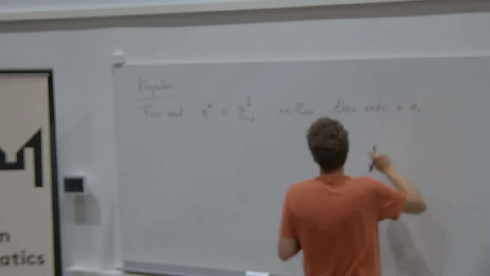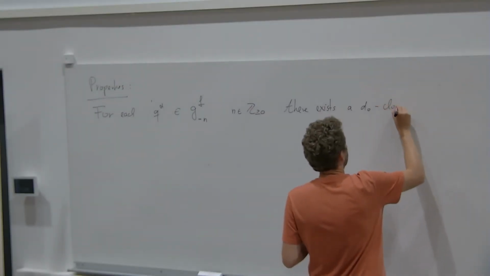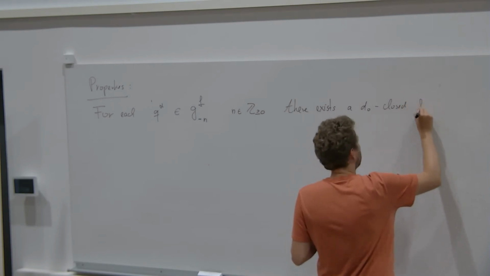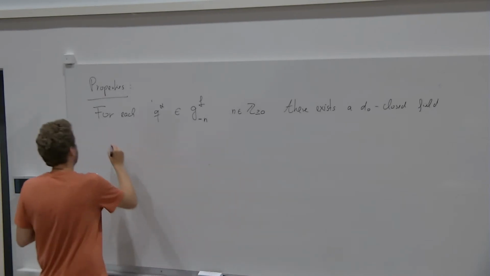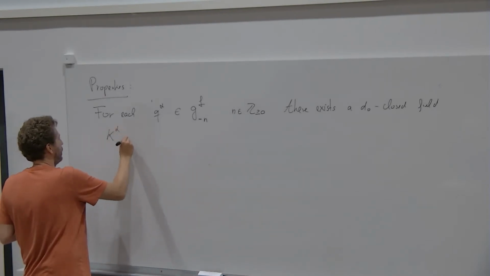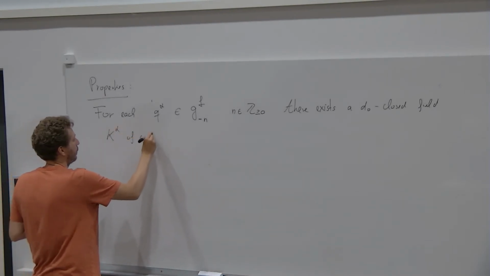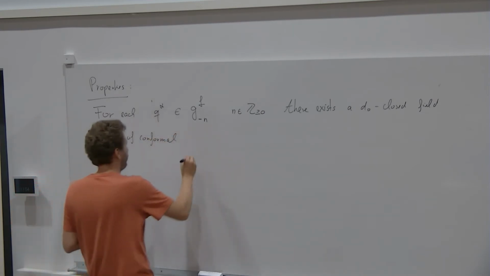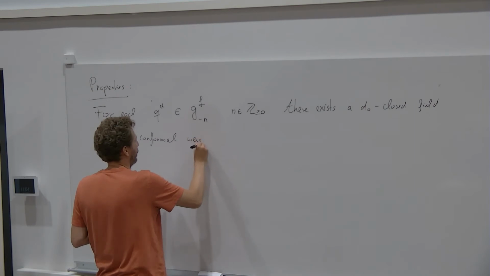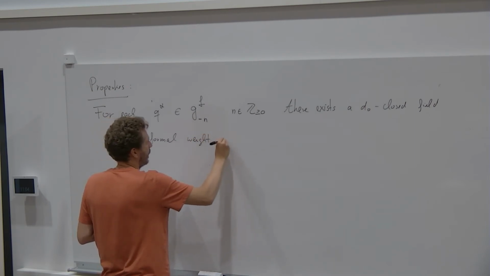So for each such basis vector, there exists a D0 closed field K alpha, whose conformal weight is determined by the SL2 weight: conformal weight n plus 1.